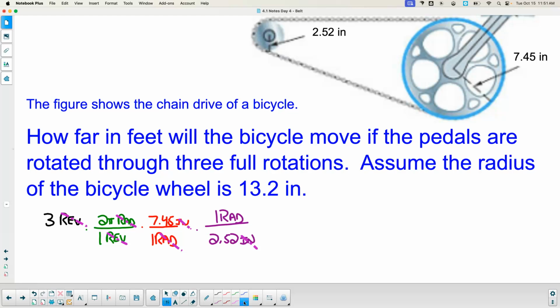Right? But there's this wheel that's on the same axle as the wheel sprocket. What's the radius of that wheel? 13.2 inches. What do we want our final answer to be in? Feet.